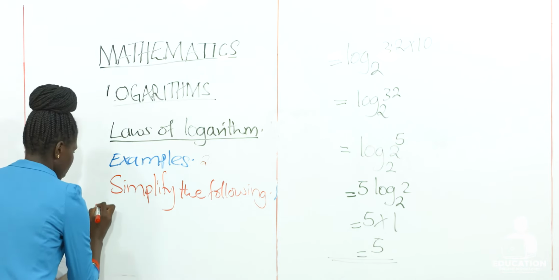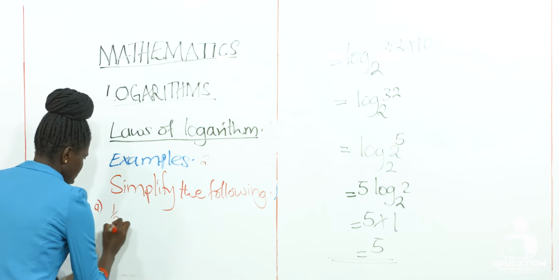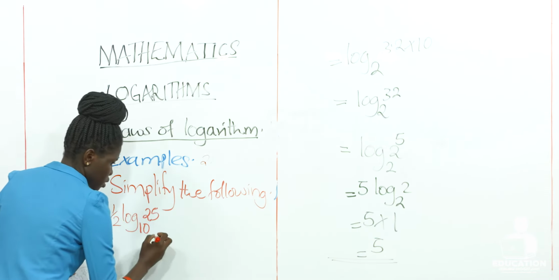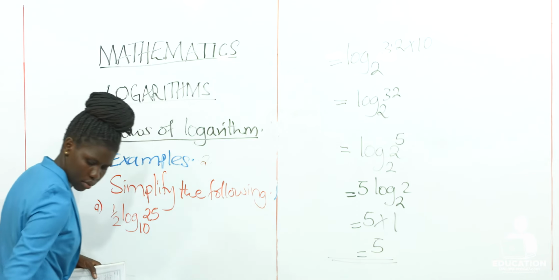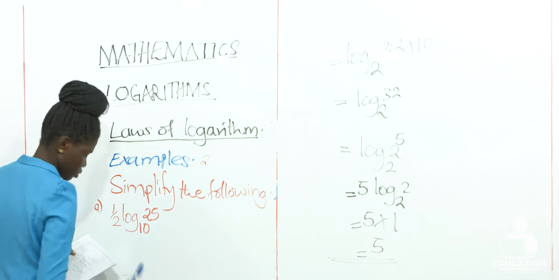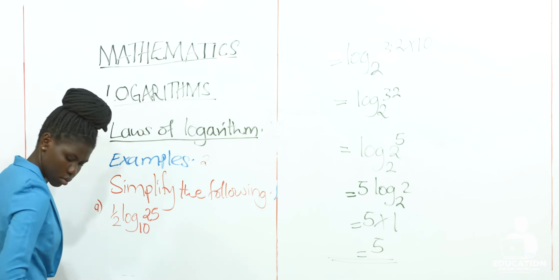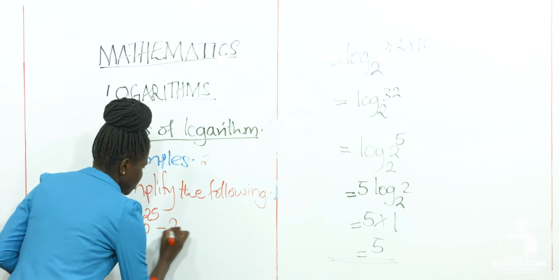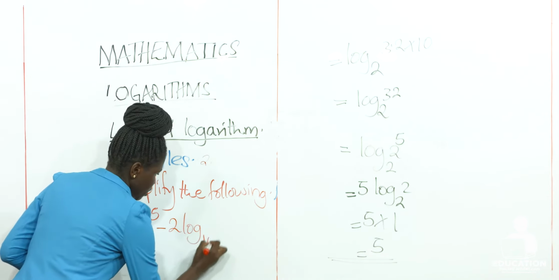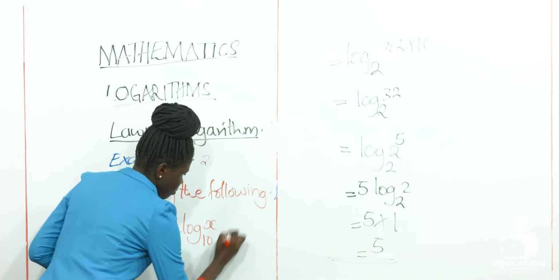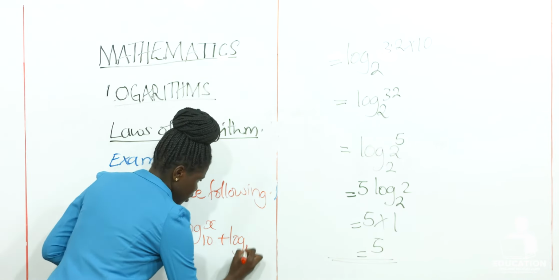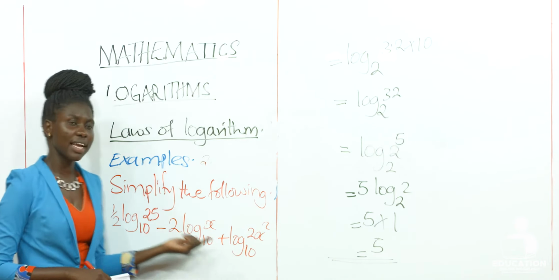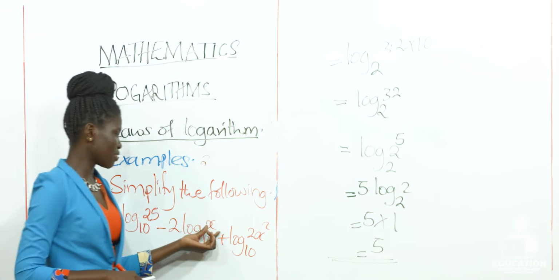And our first example, which is example 1, says a half log 10 25 minus 2 log 10 x plus log 10 2x squared. So in this case, we are now being given letters in our question. We are having x here, and we are also having x here.